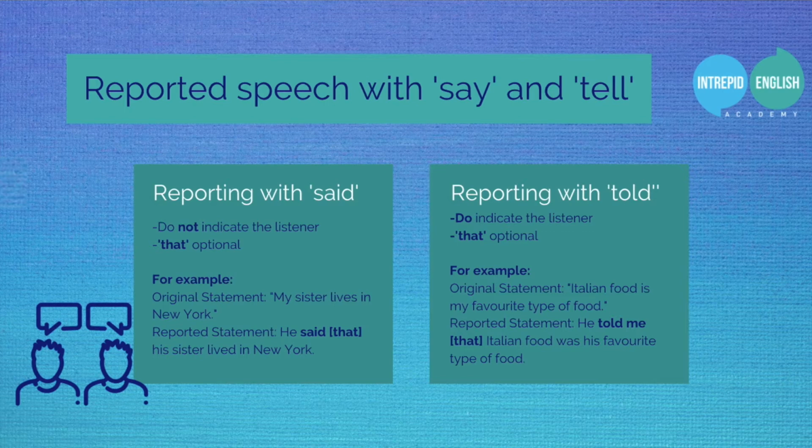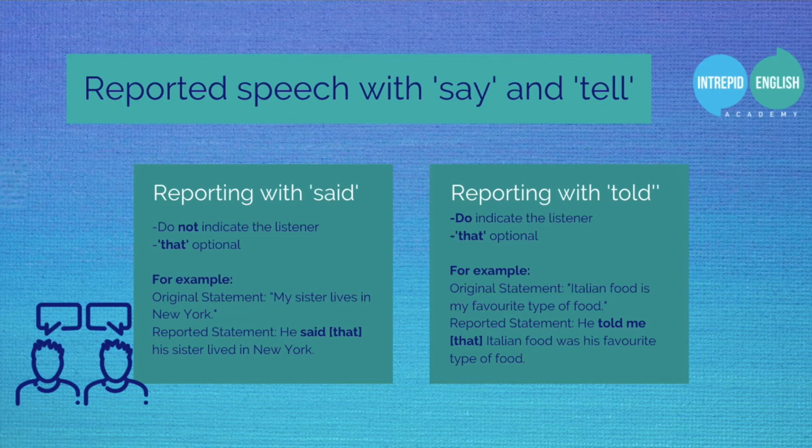Okay, for example, original statement here, my sister lives in New York. The reported statement would be, he said that his sister lived in New York. Now you don't have to say that. You can say, he said his sister lived in New York. And with tell or told, the original statement could be, Italian food is my favourite type of food.